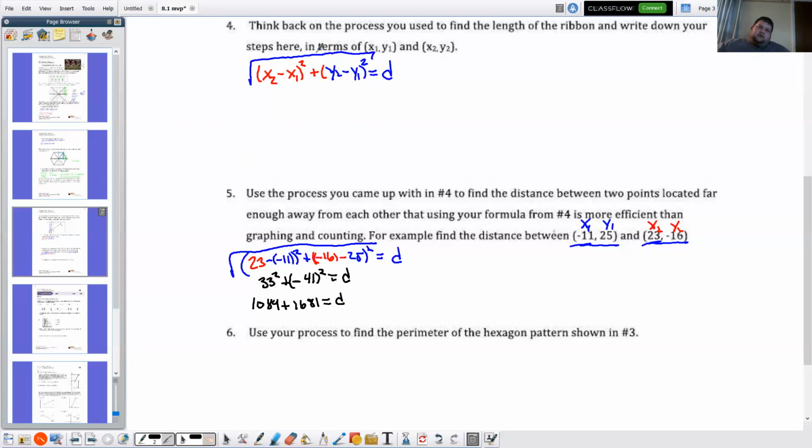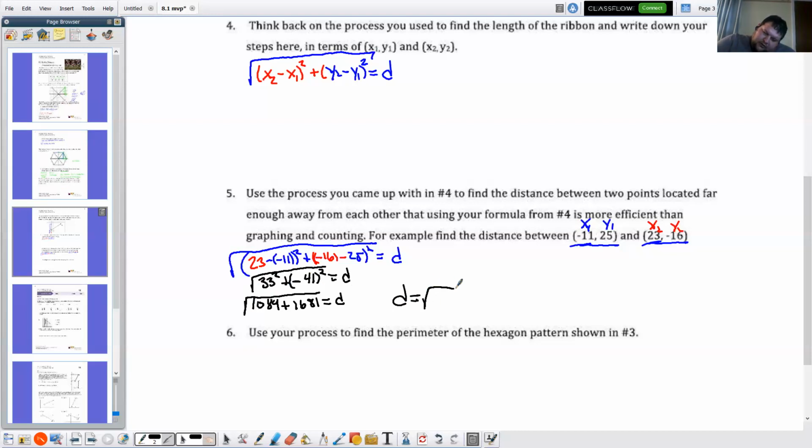So our total distance is going to be 1089 plus 1681. So D equals, and oh, look at me, I'm just losing stuff all over the place, I forgot my square root.